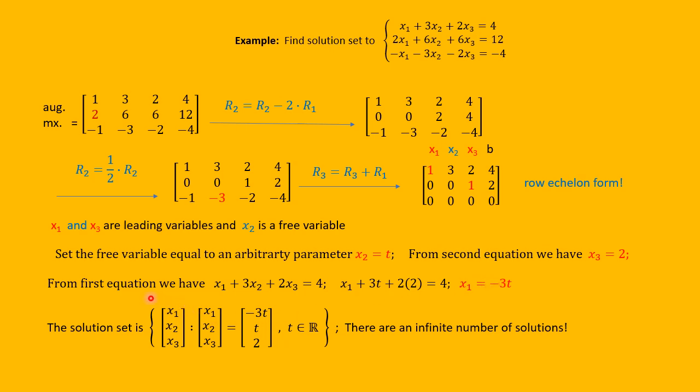So the solution set to the system of equations up here is the set of vectors x sub 1, x sub 2, x sub 3, such that x sub 1, x sub 2, x sub 3 is equal to the vector minus 3t, t, 2, where t can be any real number. So there are an infinite number of solutions to this system of equations.